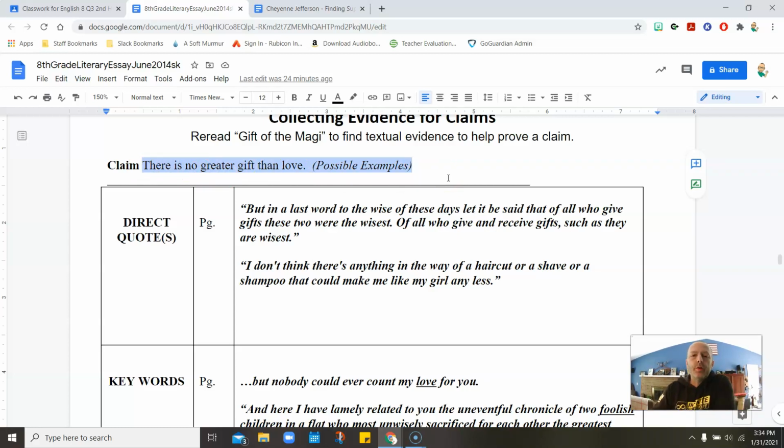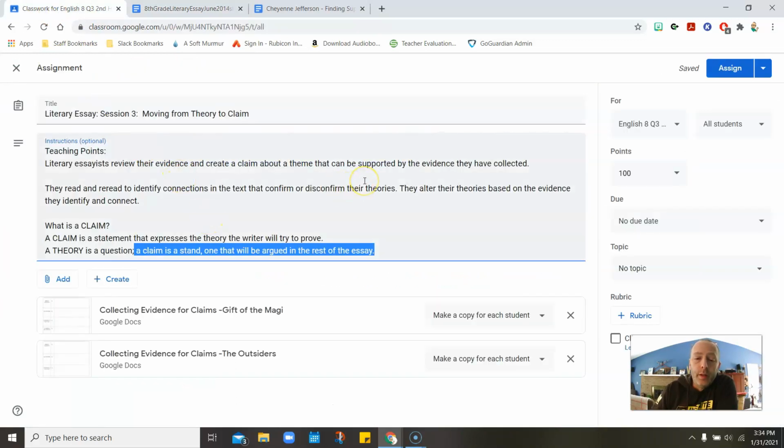Okay, so that's what you guys are going to do. You're going to take your claim and your theory and come up with a claim or a theme that you're going to explore in this. And we're doing this slowly, guys. We haven't even started writing the essay yet. We're going to be exploring, gathering all of our themes, gathering all of our claims, gathering all of the evidence to support our claims.